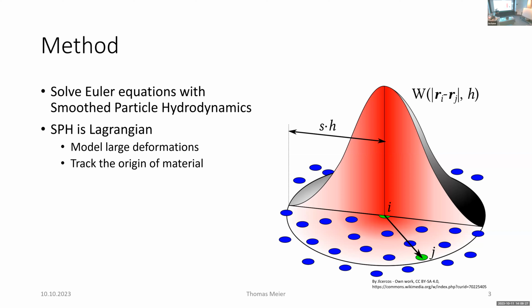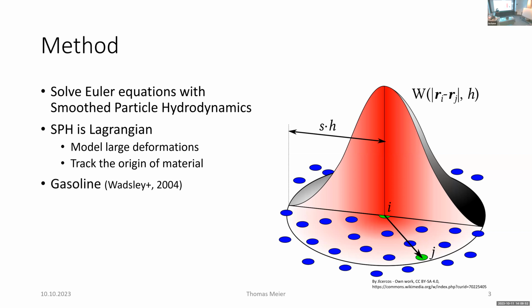So when we are finished with the simulation and look at the end state, we know where every one of these particles came from. So we can, for example, figure out where the material in a proto-lunar disk came from. Did it come from the proto-Earth, or did it come from the impactor? And this allows us to analyze the composition of this disk.